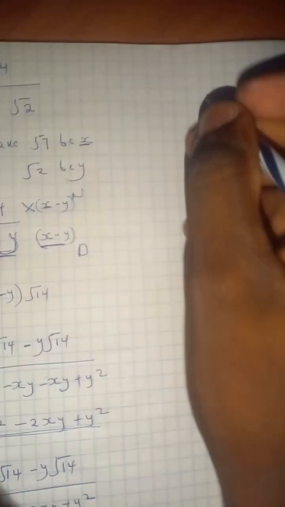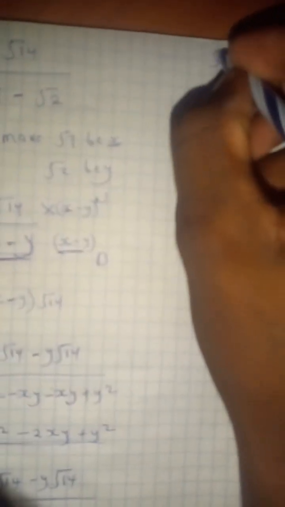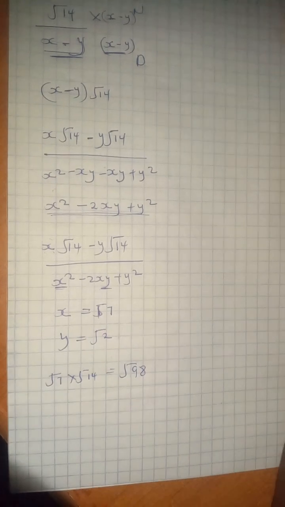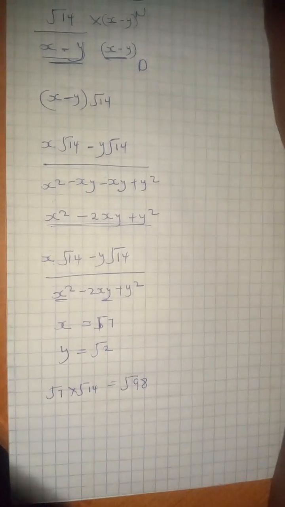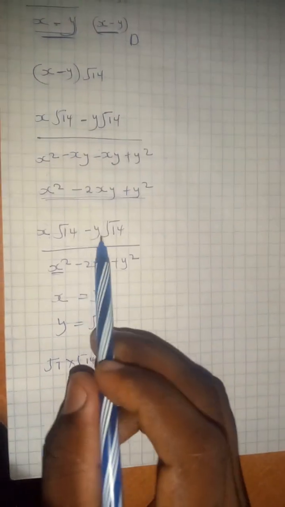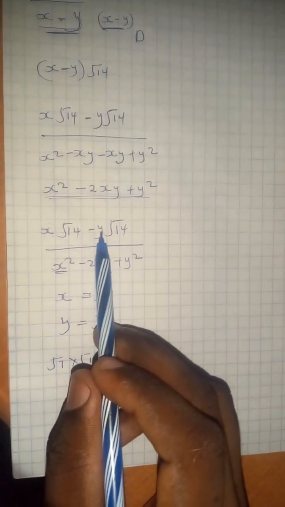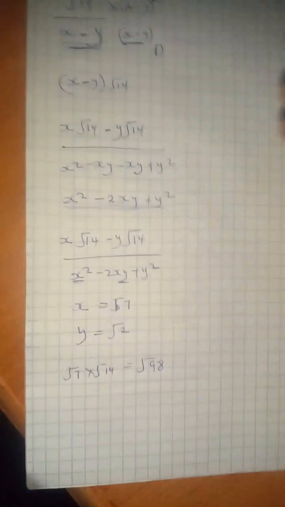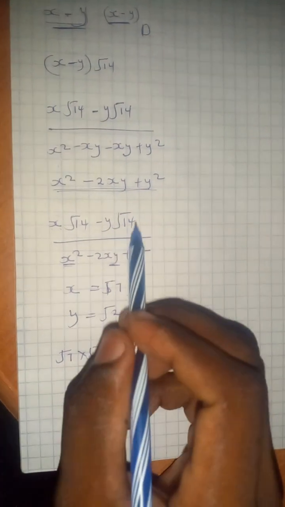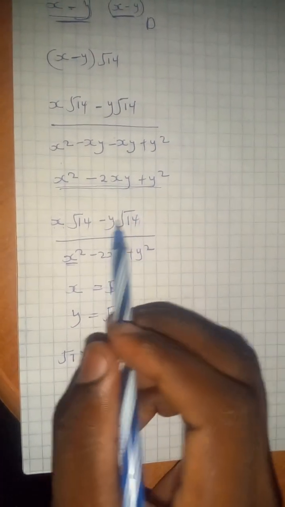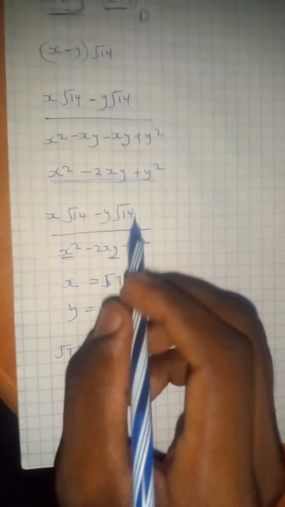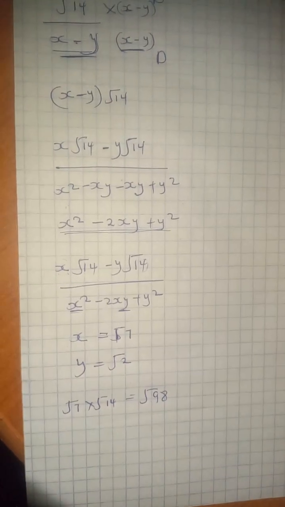So it will be root of 98, minus y times root of 14. y is root of 2, so root of 2 multiplying by root of 14 will give you root of 28.